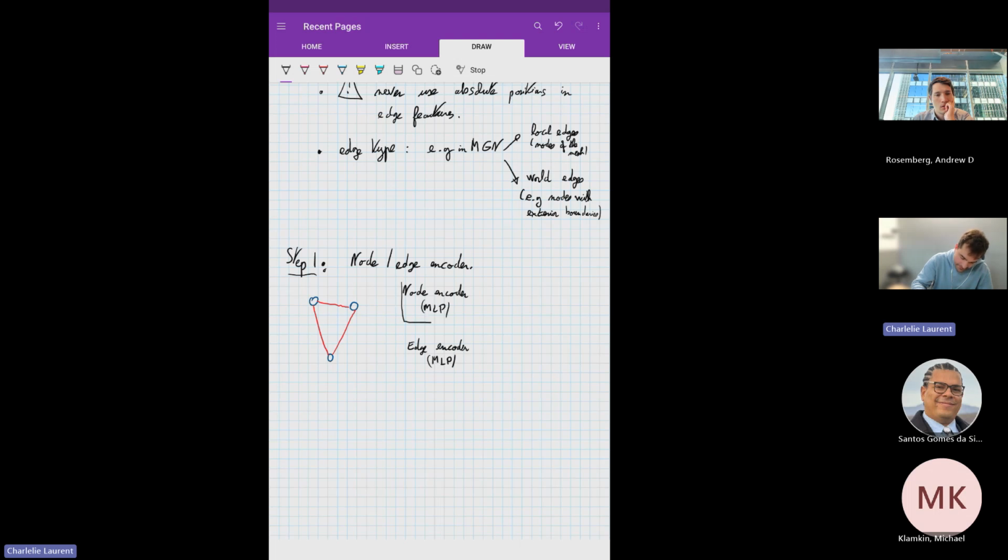And you just take all your nodes and you feed them as a batch to the encoder. So it's what I told you before.